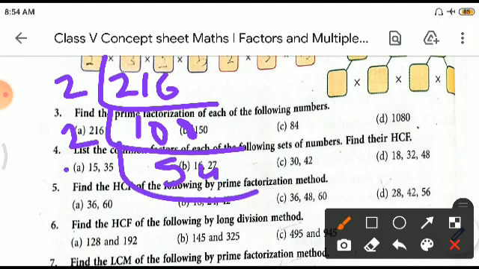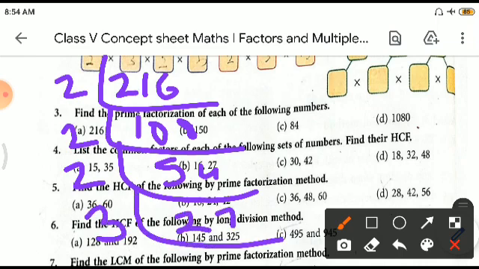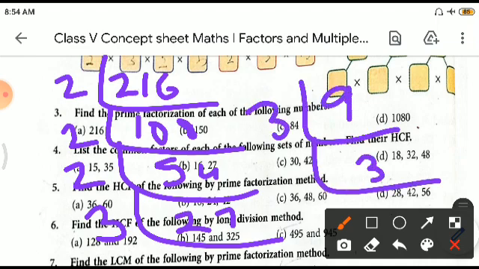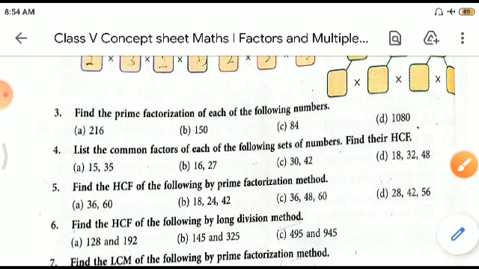Again by 2, so I will be getting 27. 27 will be divided by 3 to get 9. 9 is again divided by 3 to get 3. 3 is divided by 3 to get 1. So 2 and 3 become the prime factors, right? Okay, so you need to do this exercise like that. It's a simple one, nothing very complicated in it.